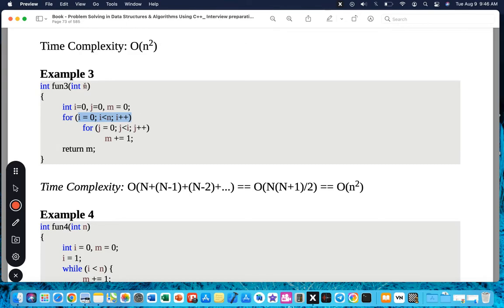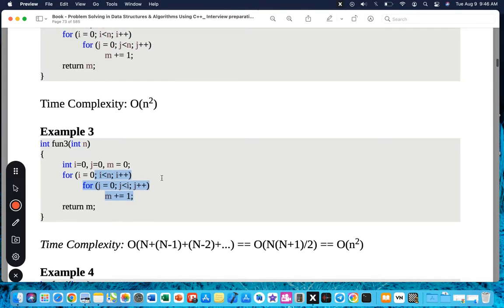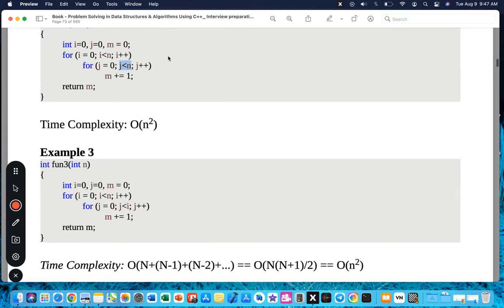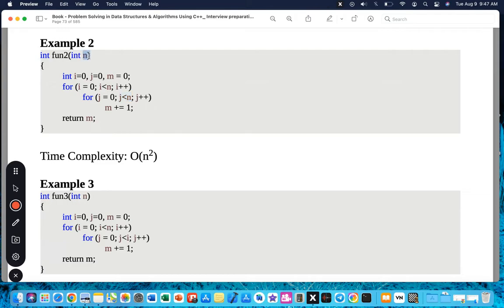Similar to the previous one, we pass the n, and we have i and j, and here we compare the j with the i, not with the n. So it's really n square. This is the only difference from the previous one. It's not exactly similar. In the previous one, we are comparing both with the passed integer.